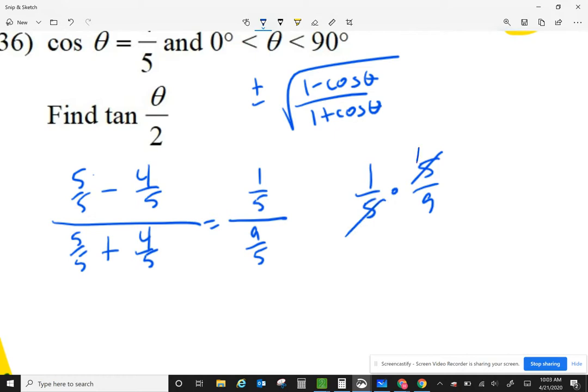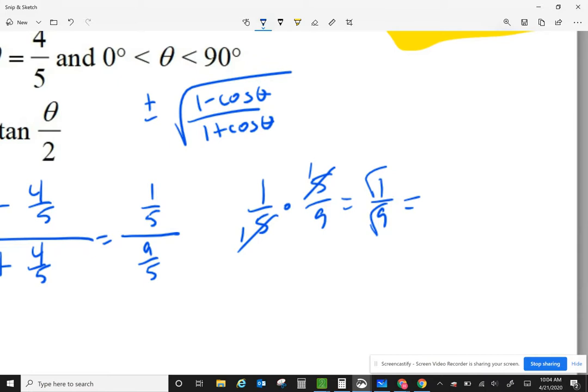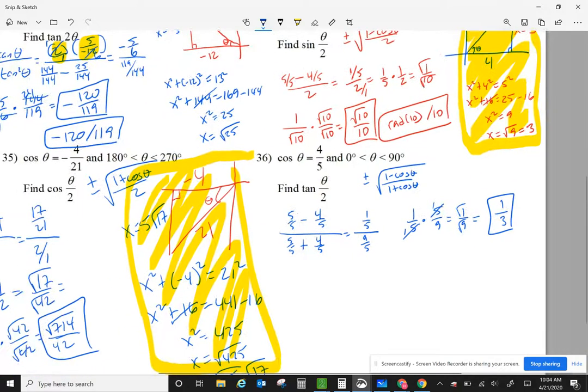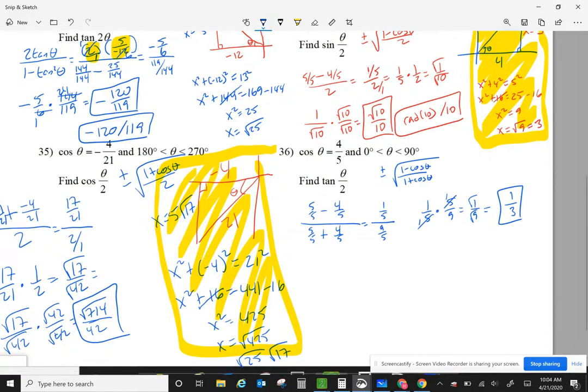My 5s cancel out, they become 1. So I have 1 over 9. Now let me worry about the square root. I'm squaring everything. The square root of 1 is 1. The square root of 9 is 3. There you go. The tangent in the first quadrant is positive, so I'm just looking at the 1/3.